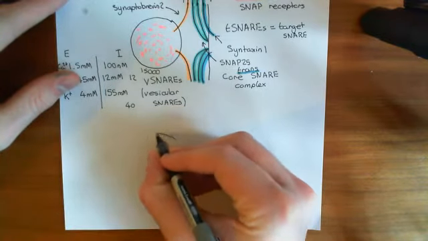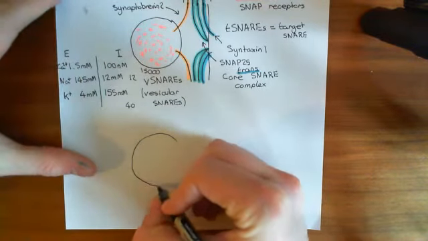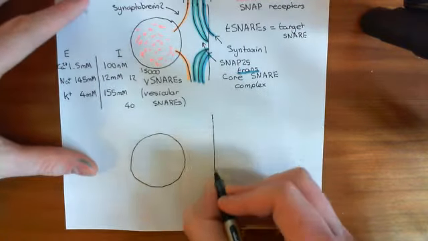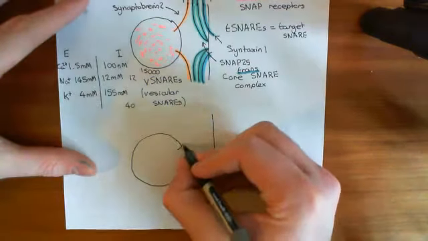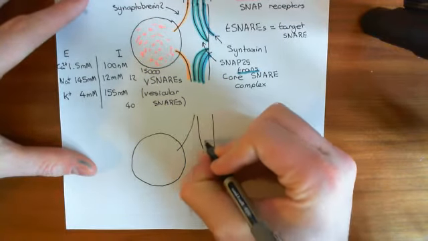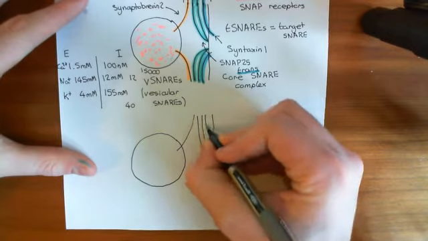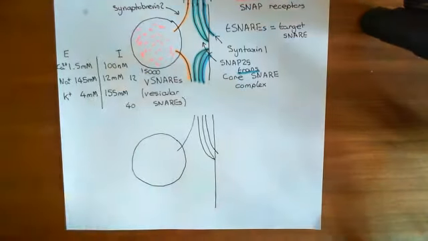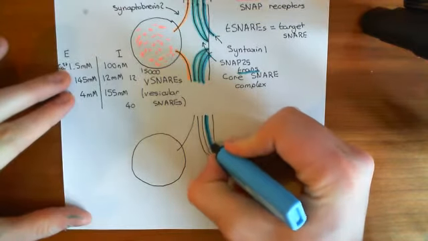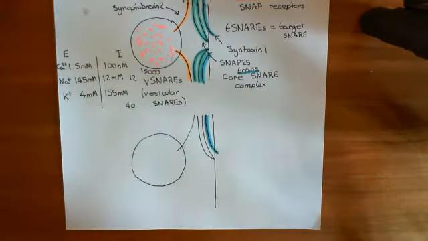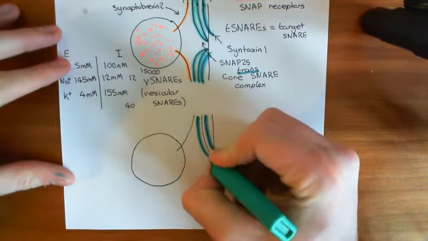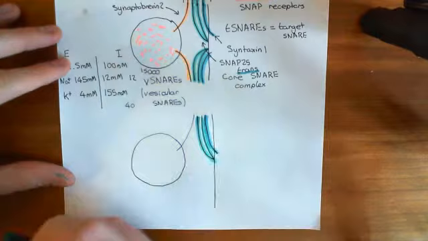So, let me draw another picture of this docked synaptic vesicle here. Here's our synaptic vesicle, here's our plasma membrane, here's our trans-core snare complex, with our SNAP25 and our Syntaxin 1. So let me colour these in. In blue we have Syntaxin 1. In turquoise we have SNAP25, and I should be drawing both of these at the same time.